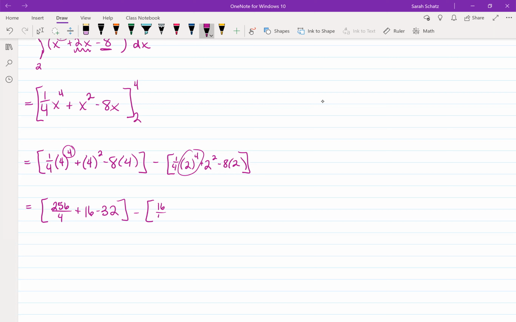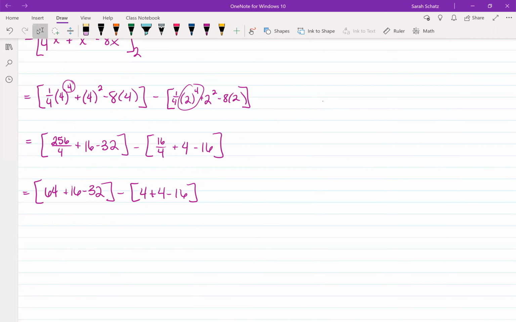So it'll be 16 over 4 plus 4 minus 16. Simplify even further. So I know we have fractions here, but these actually divide out evenly. You guys, 256 over 4, that's 64. Plus 16 minus 32. Over here, 16 over 4, that's just 4, plus 4 minus 16.